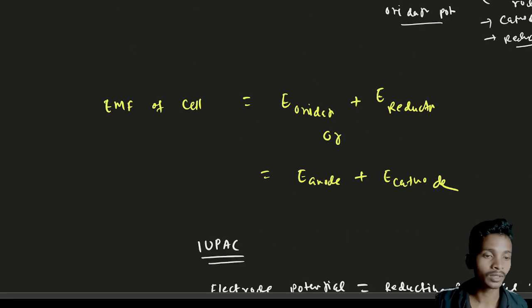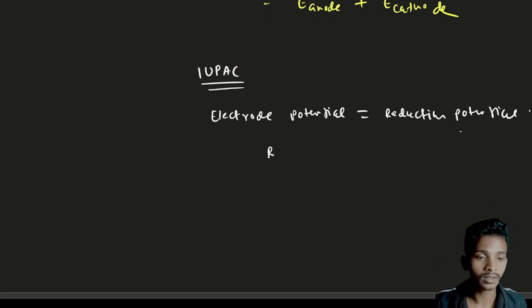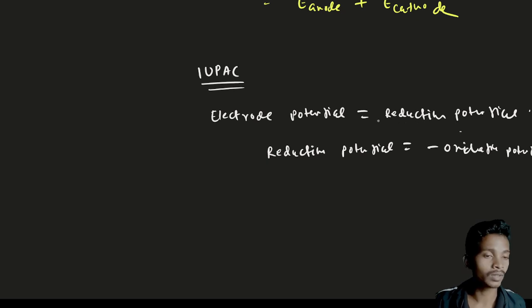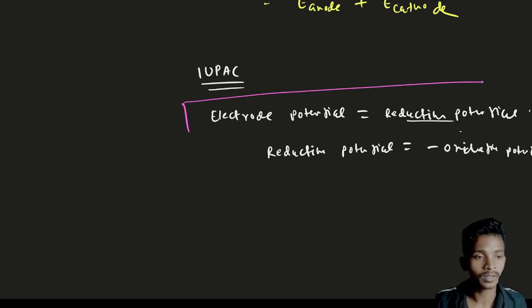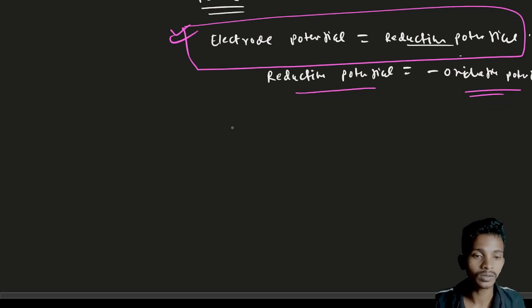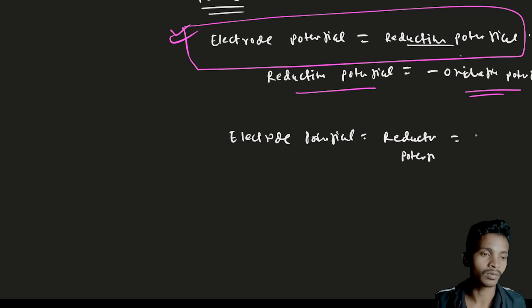So they only take the reduction potential, not the oxidation potential. But we know that reduction potential is equal to minus of oxidation potential. So I will put electrode potential equal to reduction potential, equal to minus of oxidation potential.